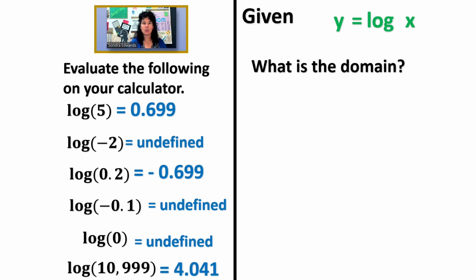Okay, so what I want you to notice is that it seems we cannot take the logarithm of a negative number, and we also cannot take the log of 0, which means the domain, the inputs there, are just positive numbers. So not including 0 through infinity is what we can take the log of.